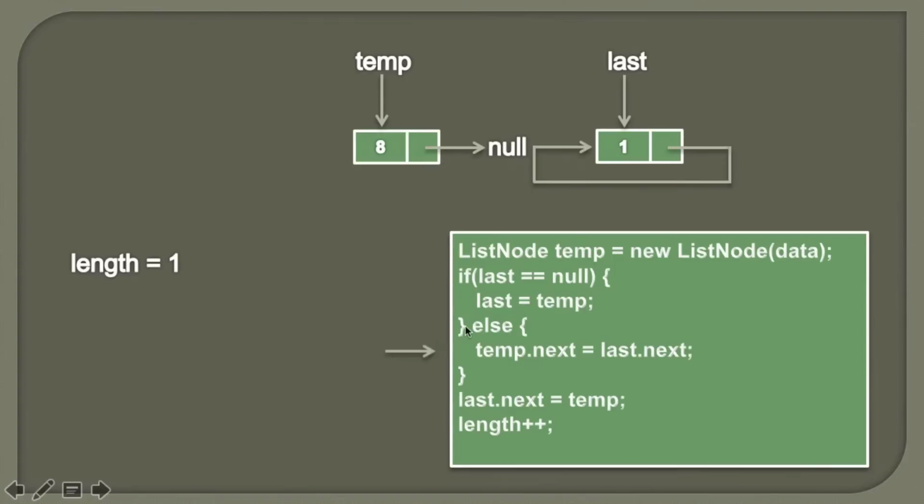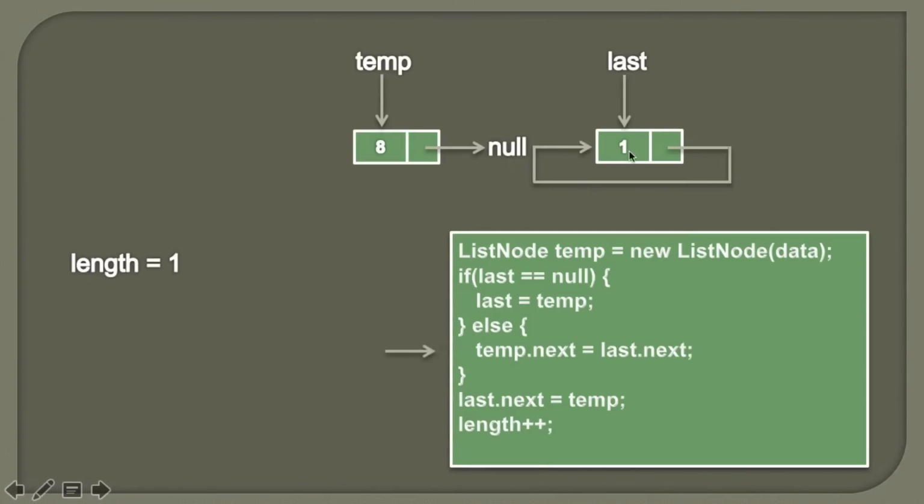So why we are doing this step is because we want to insert the node at the beginning. So therefore this node should come just before this. So when this node will be inserted, this would be the first node and this would be the last node. And as this would be the first node, its next should point to this node. So in order to do that, we need to break this link and we need to assign this link to last.next.